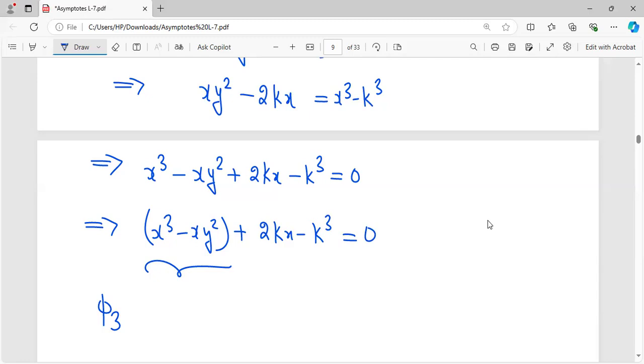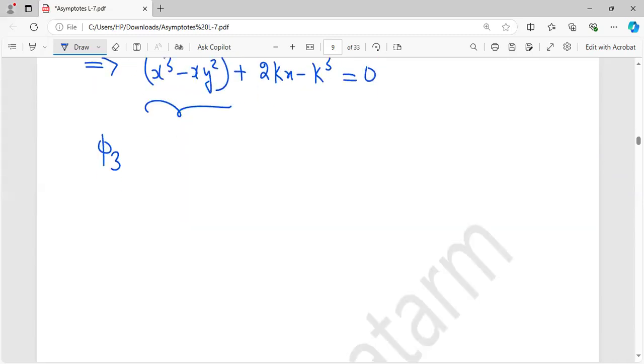You take the highest degree terms, collect all of them here, put x is equal to 1 and y is equal to a.